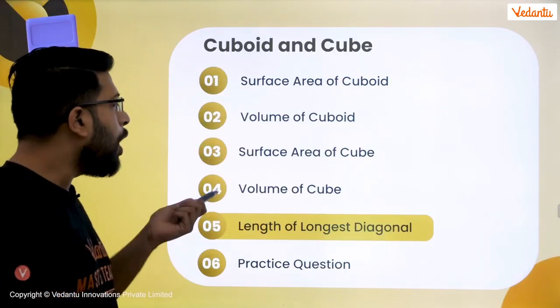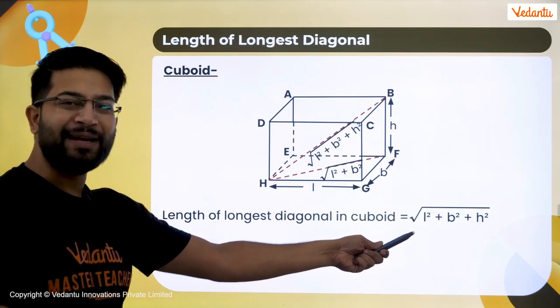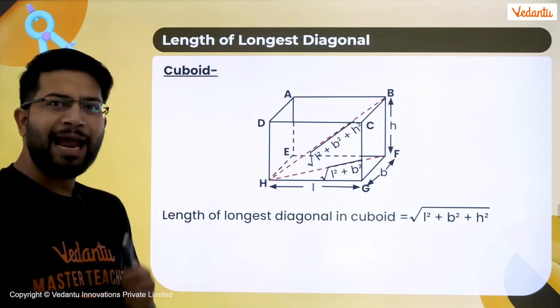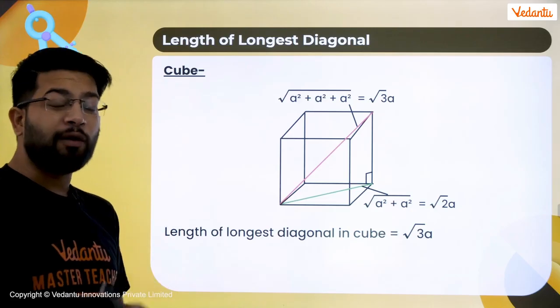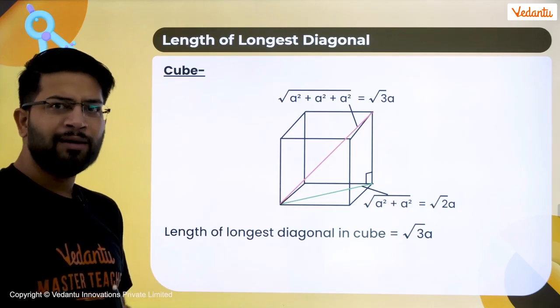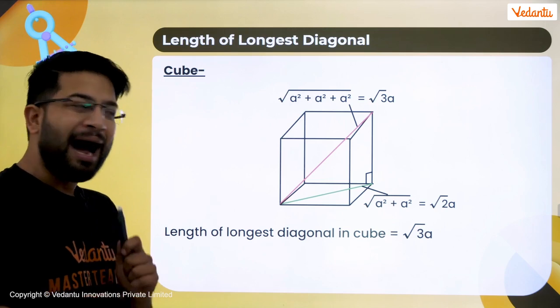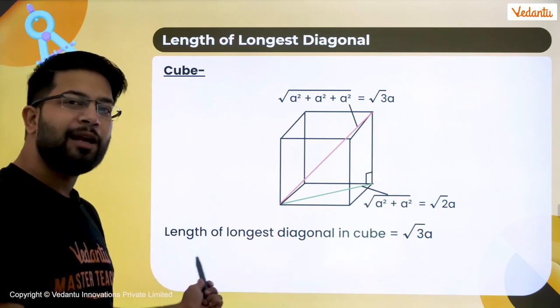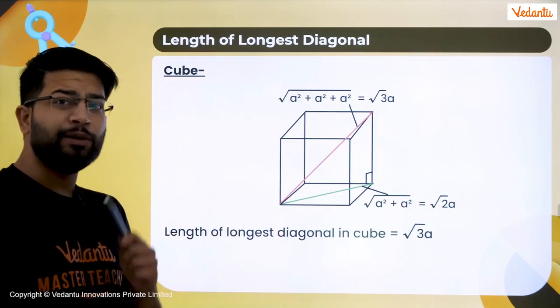So the formula of the longest diagonal will be under root L square plus B square plus H square, where L, B, H are the dimensions of the cuboid. And in the case of the cube, all will be equal. So under root A square plus A square plus A square, that is root 3 A, is the length of the longest diagonal in the cube. I hope you are noting down these things.